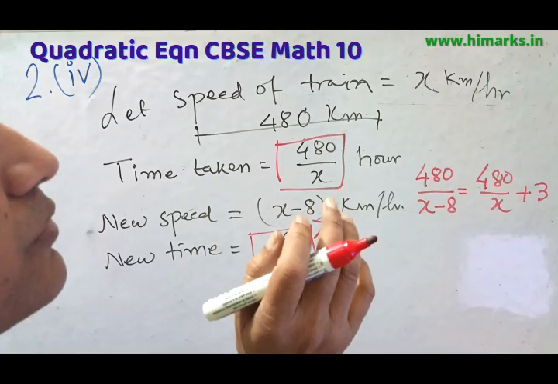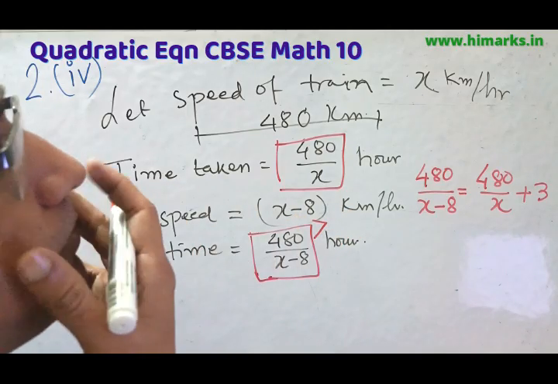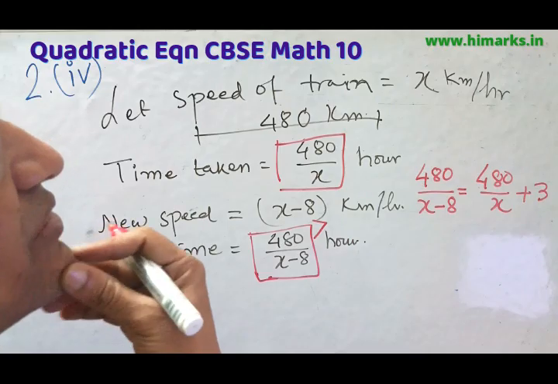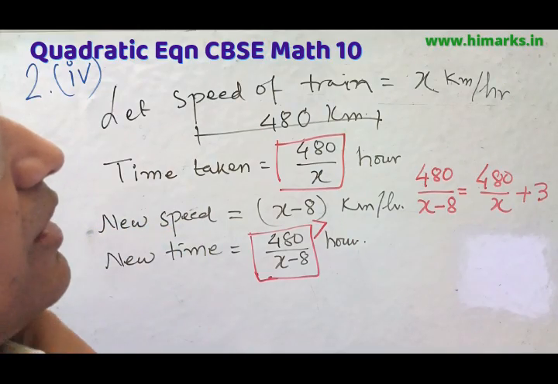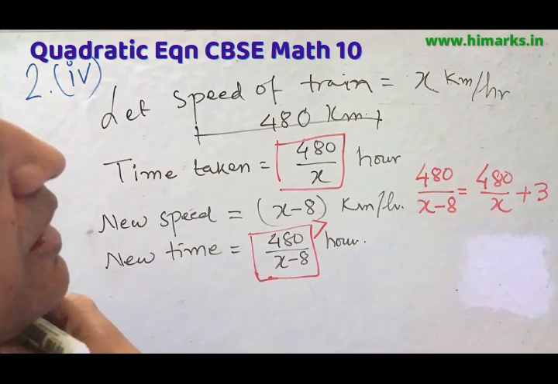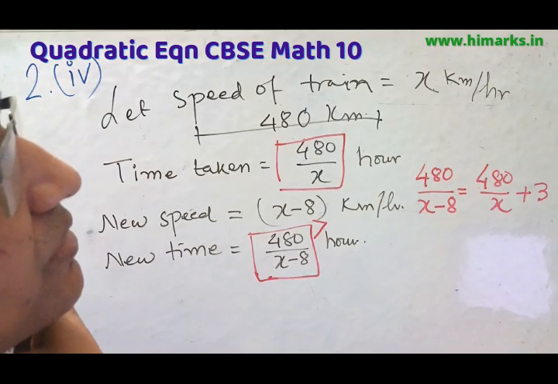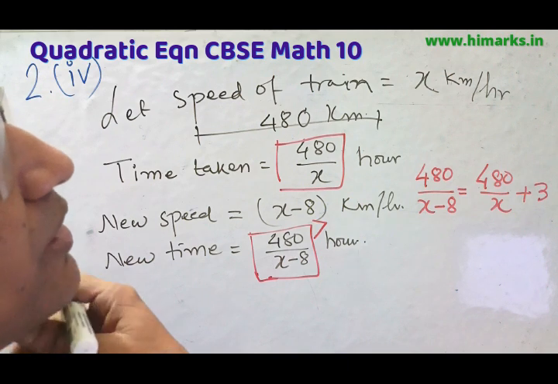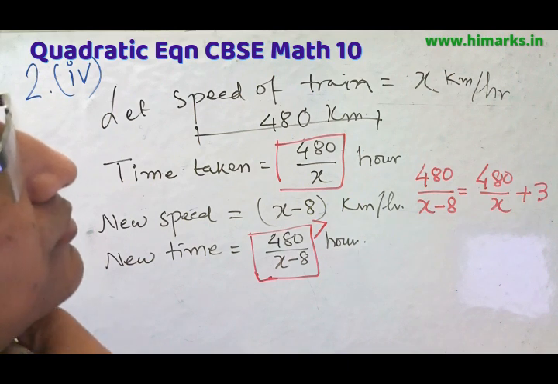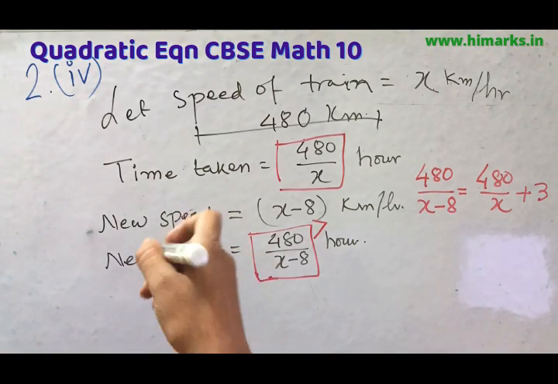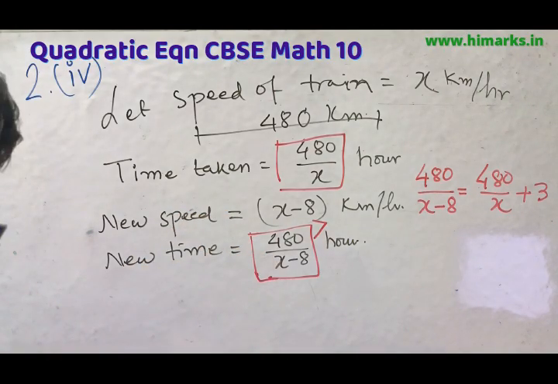Okay, so now a little bit of simplification is required. You see how the equation has formed. x is in a denominator, correct? x is not in a numerator. So what can be done here? What we'll do here is solve.